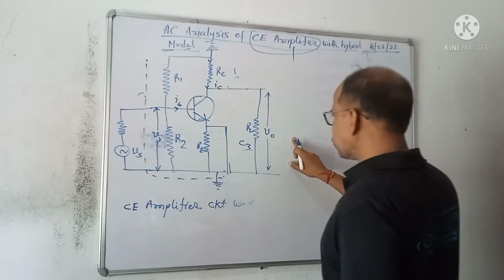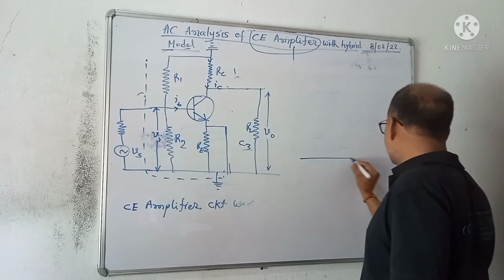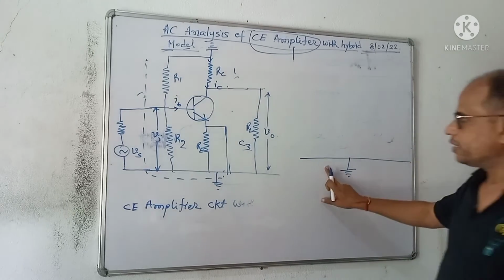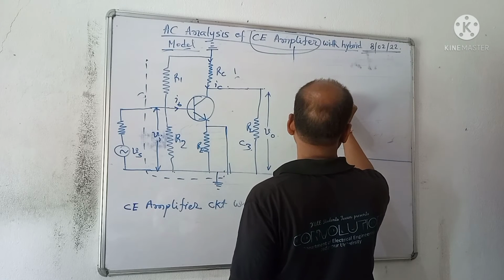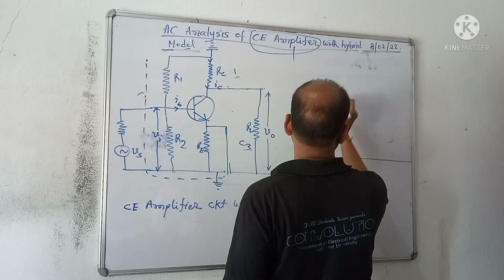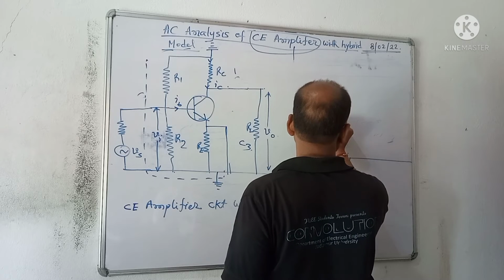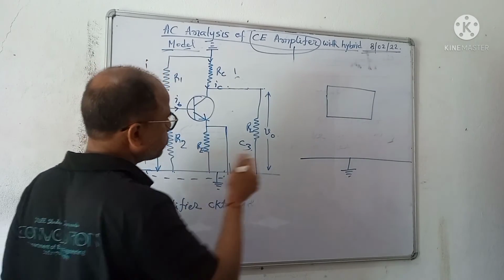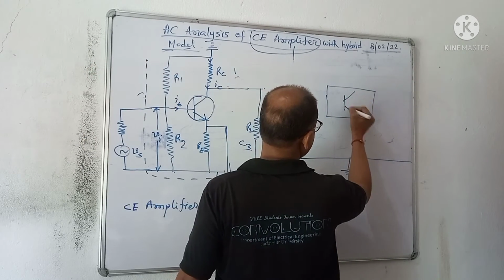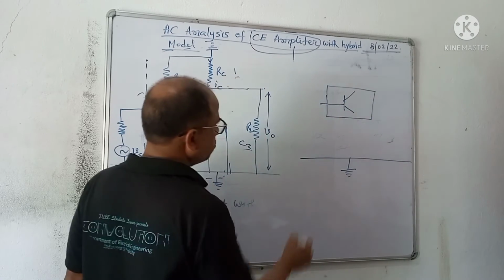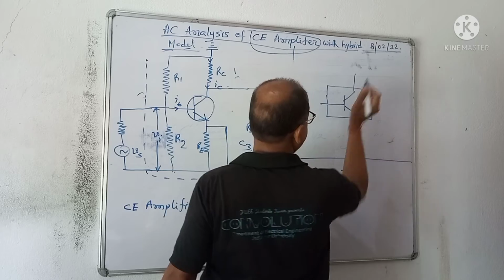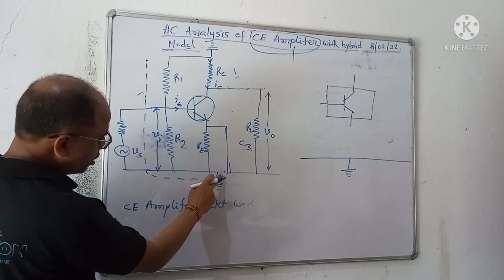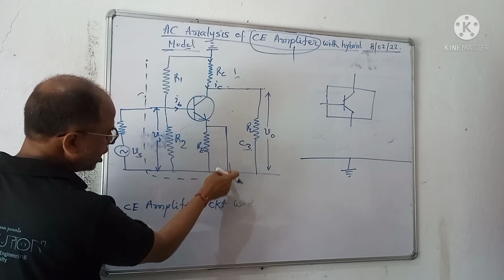Now, draw. Here it is the ground. First, here it is the transistor: base, emitter, collector. Since the emitter is short circuited, the emitter is directly grounded for the AC.